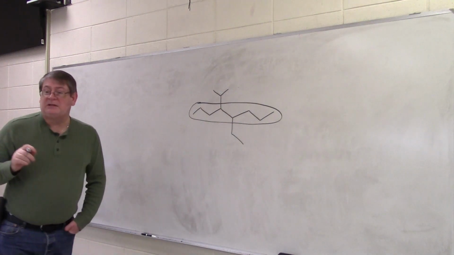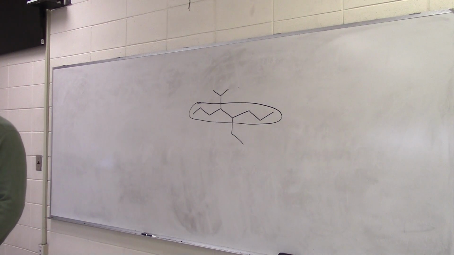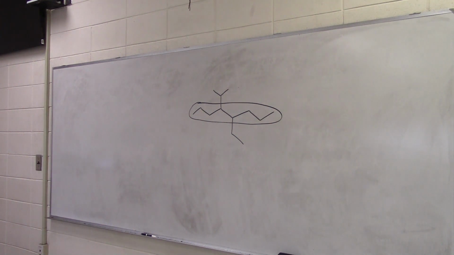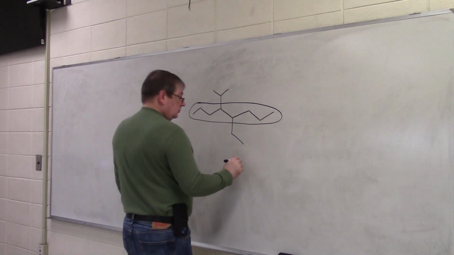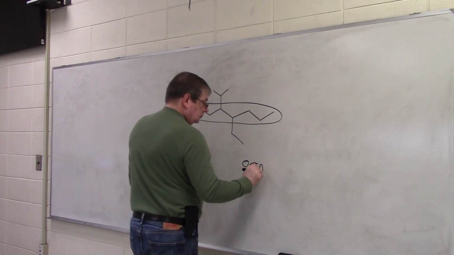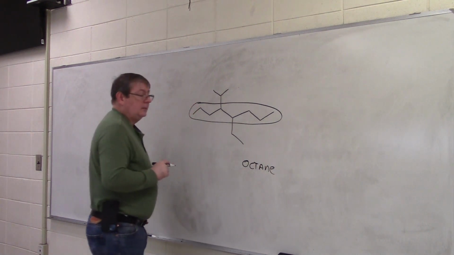Everything in the circle is taken care of by what? The parent chain, right? That's the parent. Okay. What's the parent here? This is octane, right? 8 carbons.